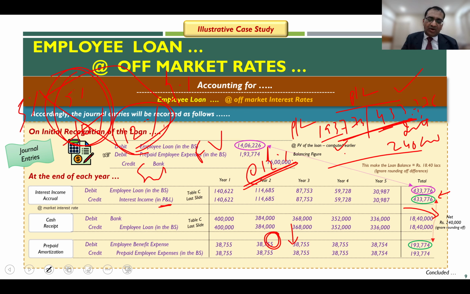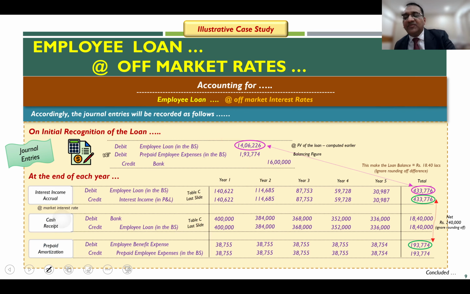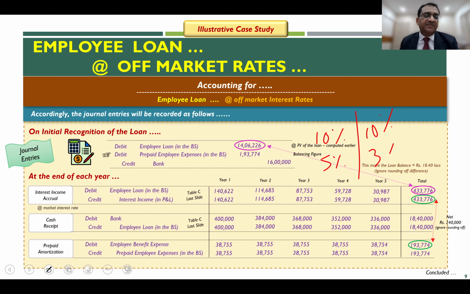So in the second scenario, which we have not covered specifically in the case study, there is a larger benefit. And therefore, the fair value of the loan will be lower because the interest rate is higher. And therefore, the delta between 16 lakhs and the fair value of the loan at 12% will be far greater than 193,774. So why has this accounting been given? Just to ensure that, irrespective of the market rate, one entity with a 10% market rate gives the loan at 5%, and another entity with a 10% market rate gives the loan at 3%.